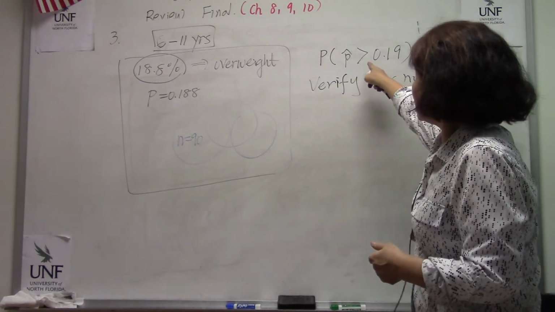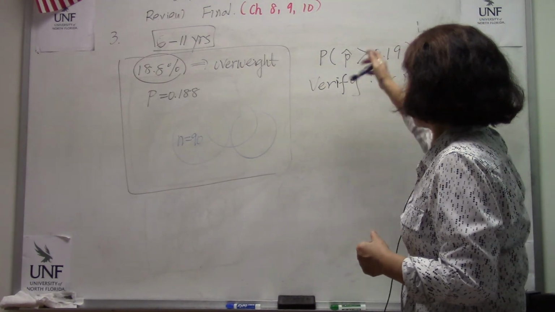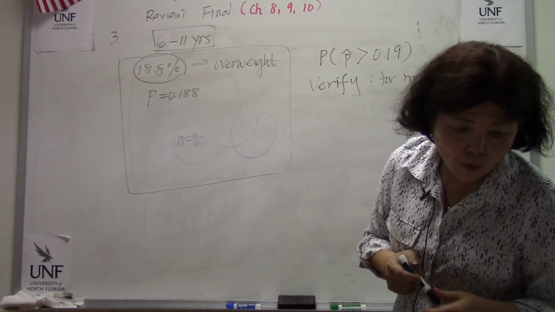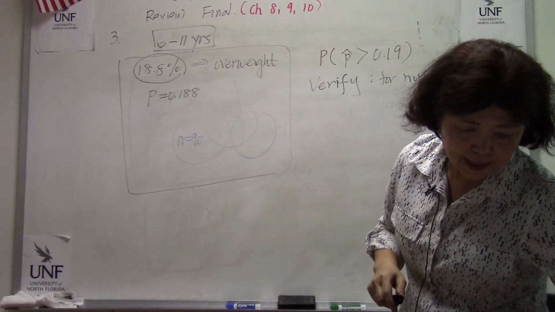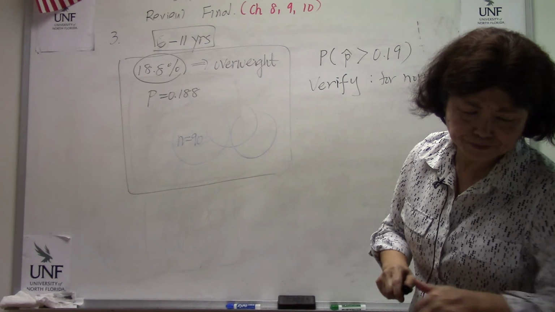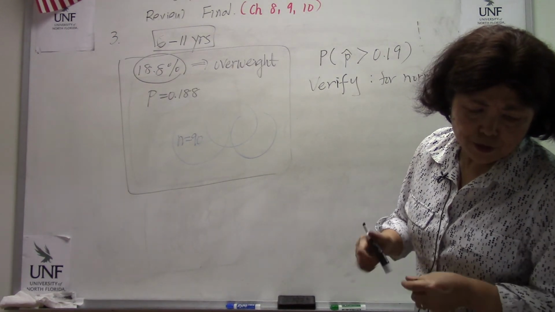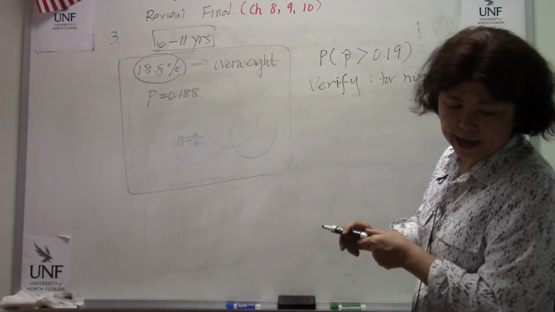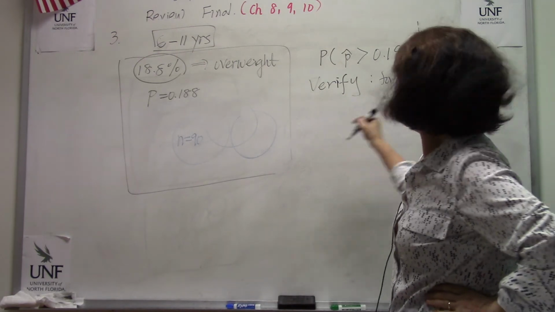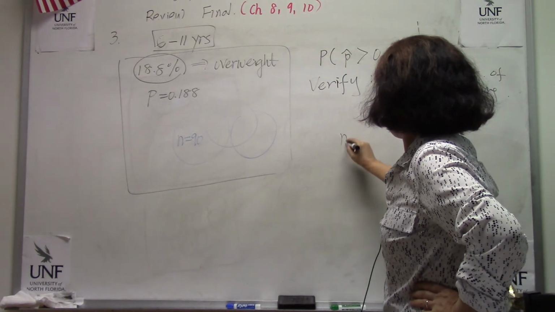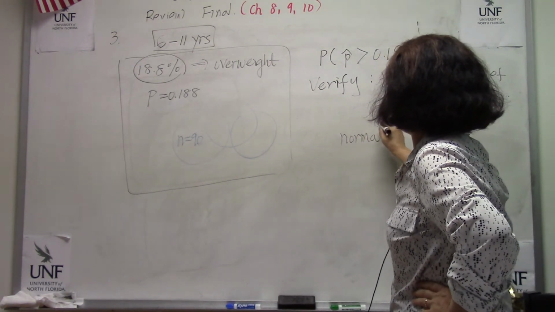So what is the probability that this p hat is greater than 0.19? Use normal CDF, the same as before.